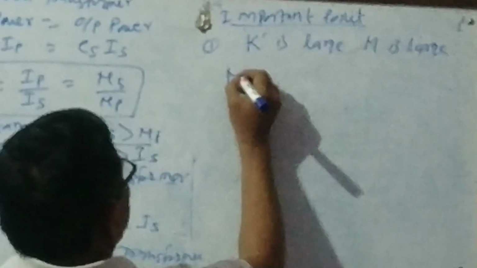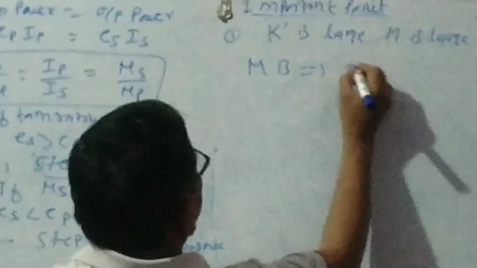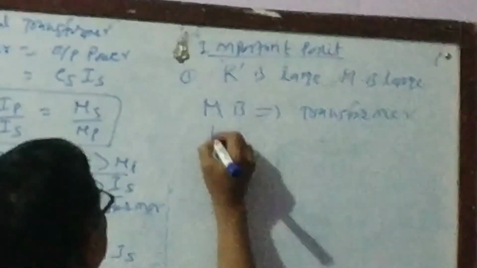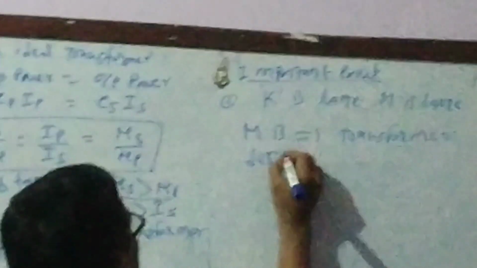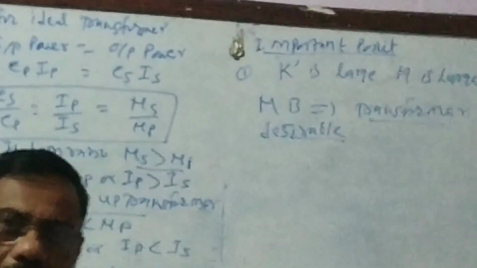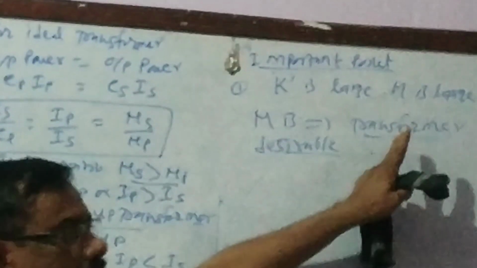Therefore, M is large for a transformer. It is desirable. It is very good for a transformer when M is large, and M must be large for the transformer.